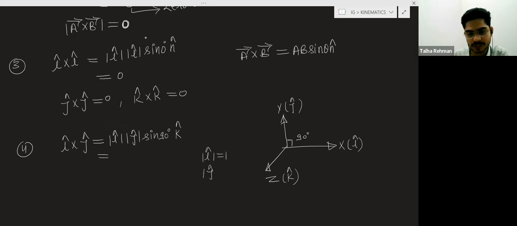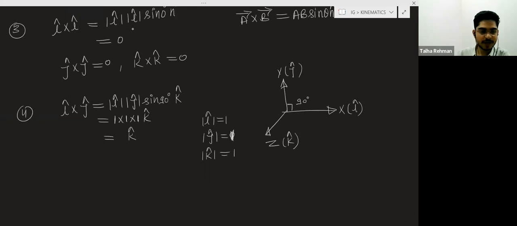The magnitude of j cap also is equal to 1. The magnitude of k cap also is equal to 1. What is the value of sine 90? Also 1. So basically you will get here k cap only. So i cap cross j cap is equal to k cap.